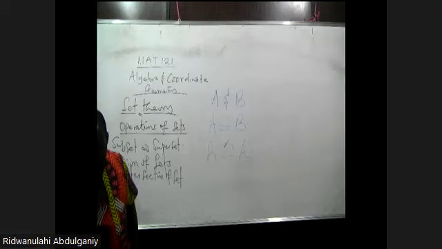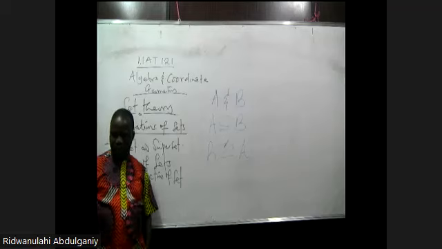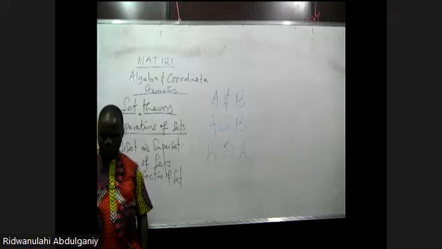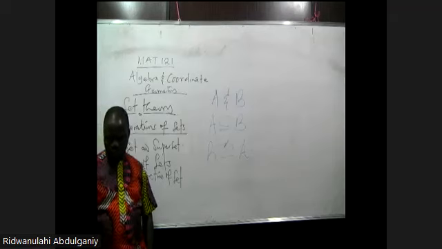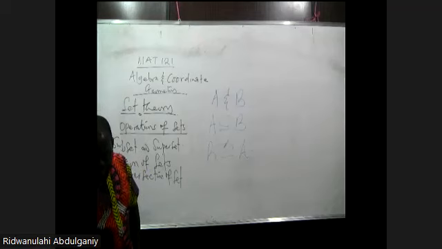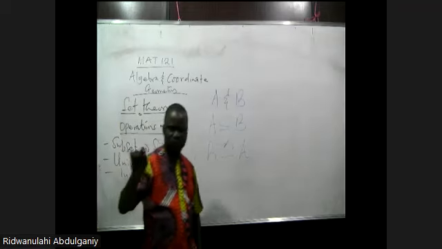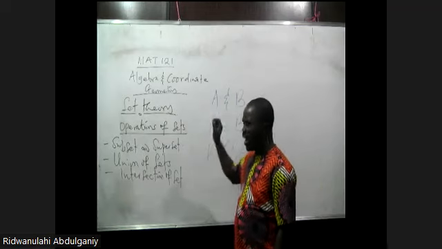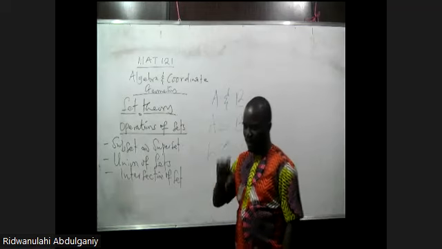You can as well type your answer in the chat box. I can easily read what you have in the chat. If you want to answer that question, kindly raise your hand, please. What is the major difference between operations of sets and the types of sets?